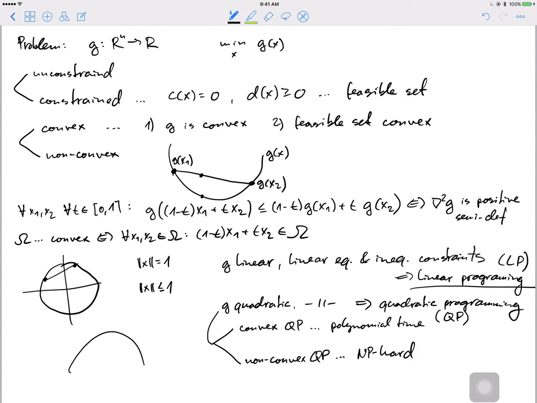And basically, I can tell you the intuitive reason why this becomes NP-hard, and that's basically the curse of non-convex problems. Okay, so if you have a non-convex function, it can look something like this, and that's just in one dimension. Imagine it in multiple dimensions, right?